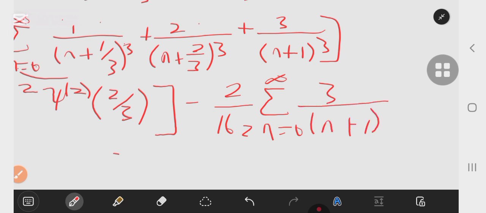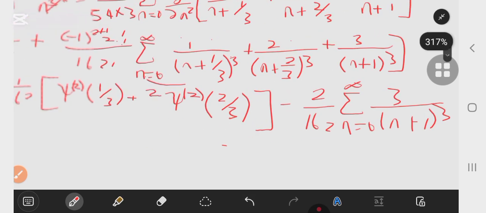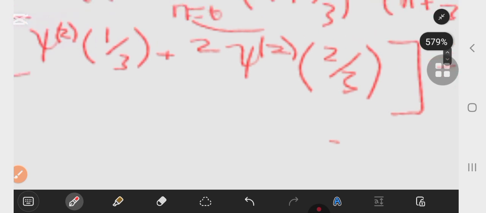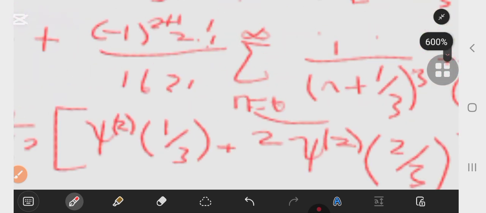The reason I'm doing this is that it is only for the Polygamma functions that I used 2 factorial and 2 plus 1 here.